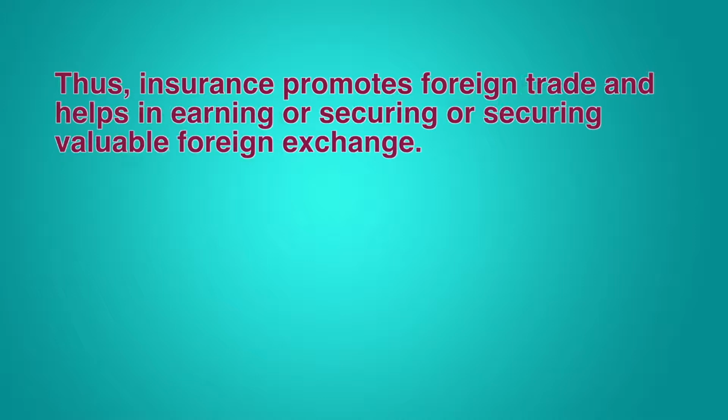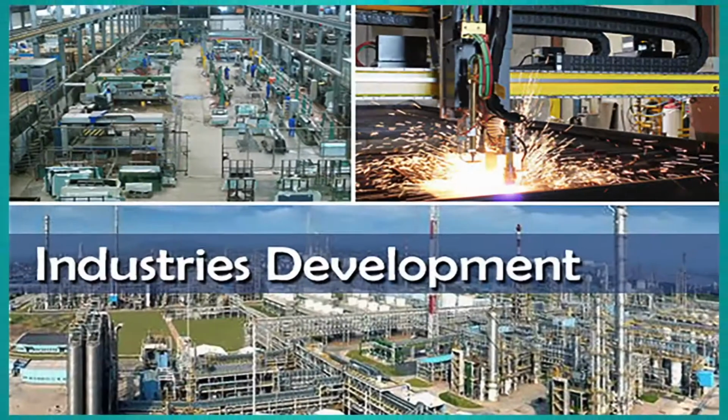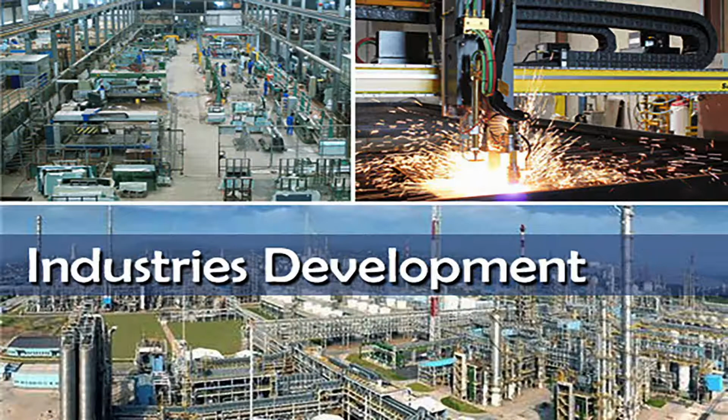Thus, insurance promotes foreign trade and helps in earning or securing valuable foreign exchange. Marine and fire insurance play a vital role in this regard by providing much needed protection against the perils of the sea.